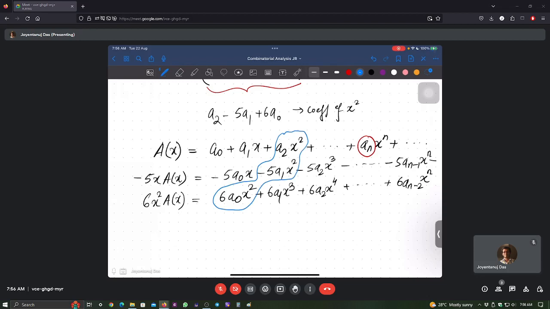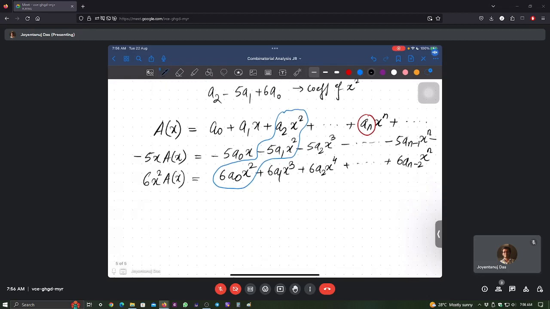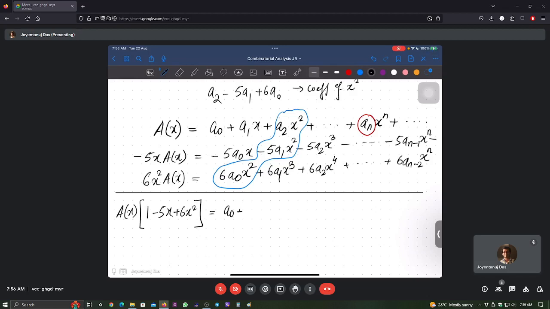Yes. So starting from i equals 2, i plus plus basically. So if we add all of this, then I have A(x) times (1 minus 5x plus 6x squared). Also we have a0 plus a1 x. So these things are there.